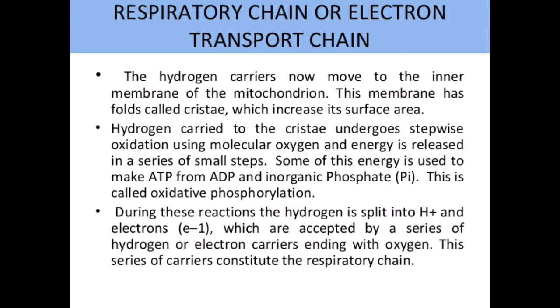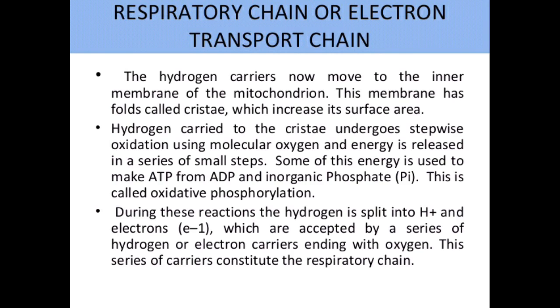Respiratory chain or electron transport chain. The hydrogen carriers now move to the inner membrane of the mitochondrion. This membrane has the folds called cristae, which increases its surface area. Hydrogen carried to the cristae undergoes stepwise oxidation using molecular oxygen, and energy is released.